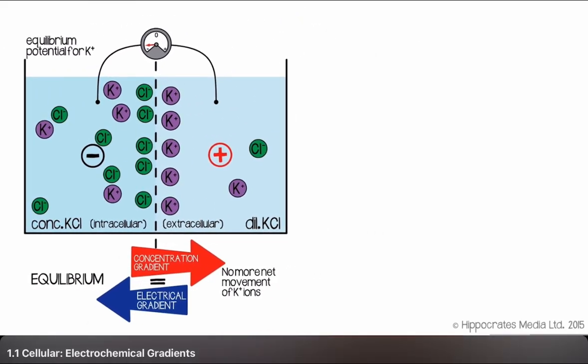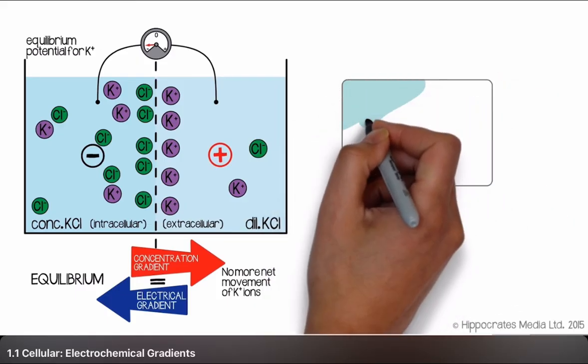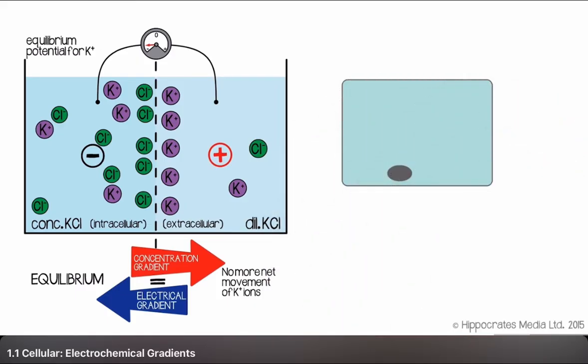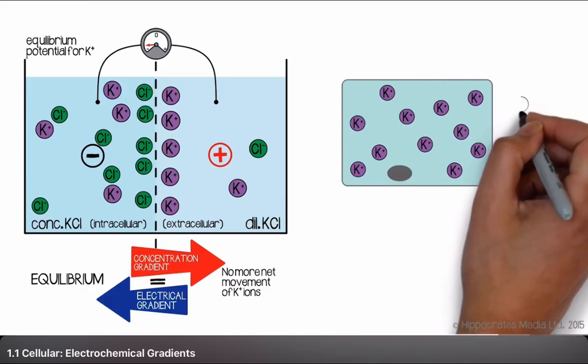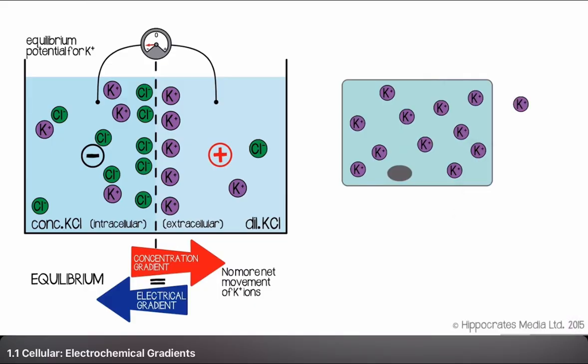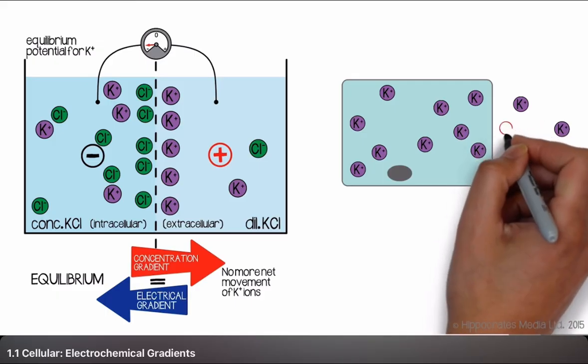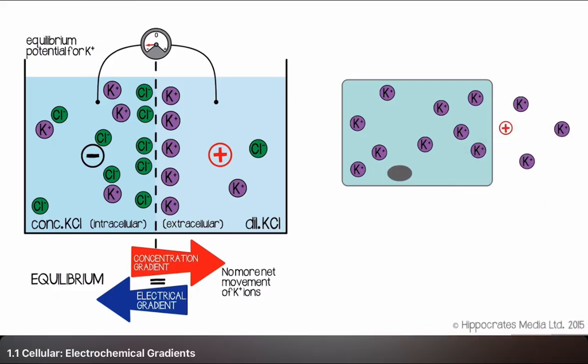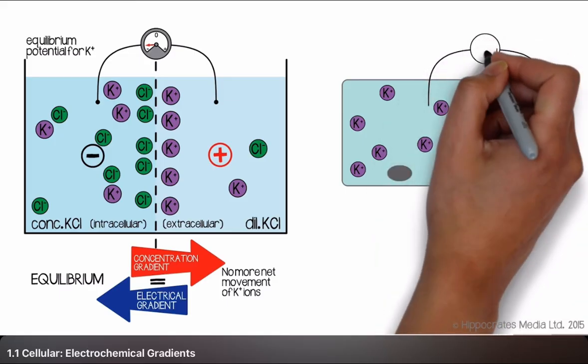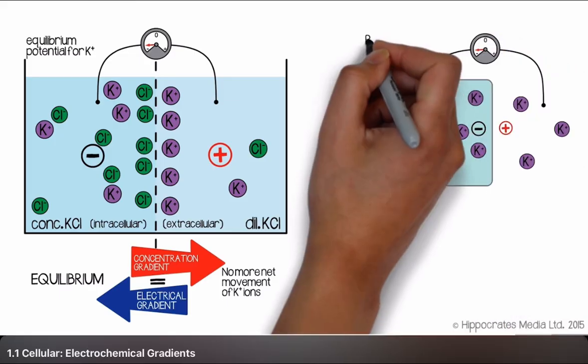Now that, in fact, is very similar to what we would find if we looked at a real cell, because, as I mentioned earlier, a real cell has relatively concentrated potassium inside, relatively dilute outside, and the membrane is permeable to potassium ions. So some potassium would leave the cell across the membrane, bringing a positive charge with it, and that would leave the membrane with an electrical potential difference across it.